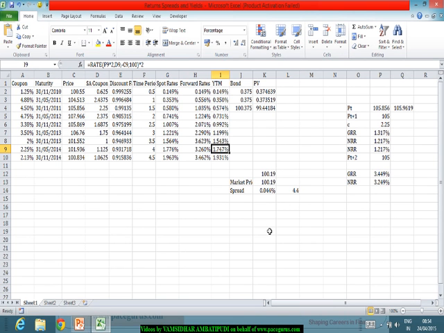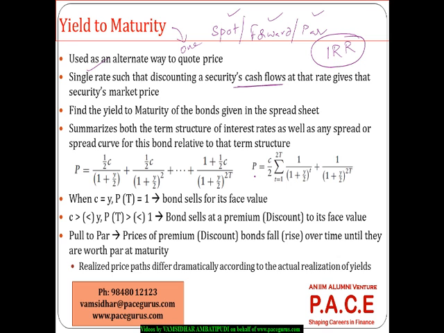Now, if I discount all the cash flows associated with this November 30th maturity bond by 0.574%, what I will simply see is that the present value of the cash flows would be exactly equal to the market price.